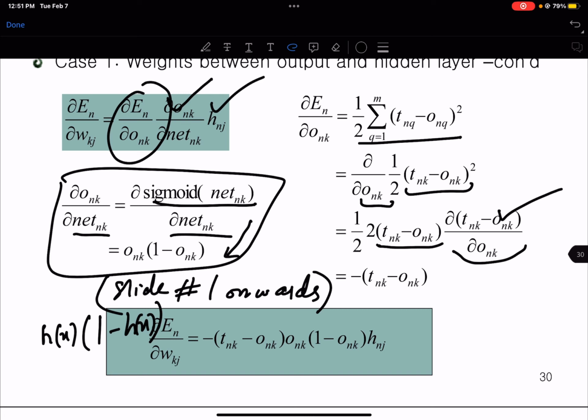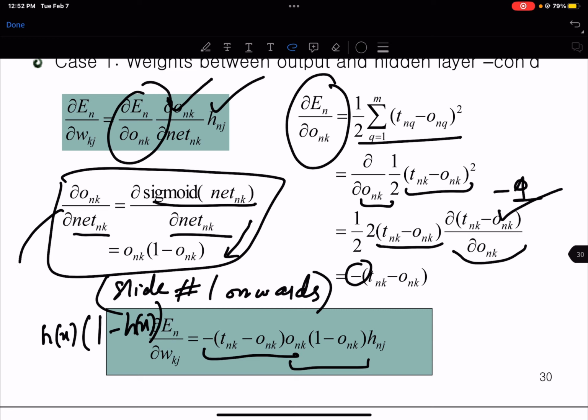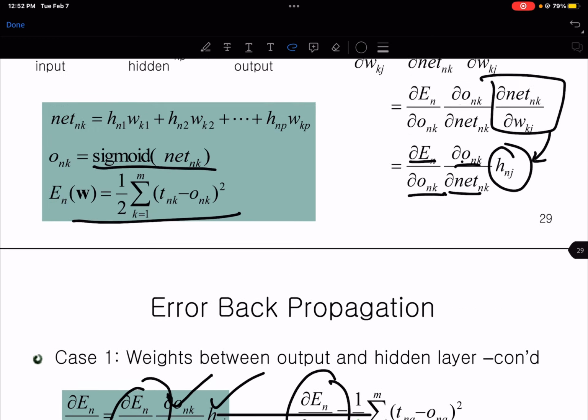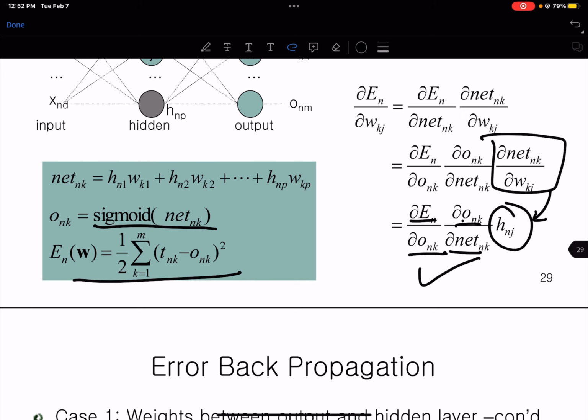Because we are only discussing with respect to nk, we will be only left with -1, which is multiplied here. So this part is equal to minus (tnk minus onk). This part comes from here, and this part comes from here.